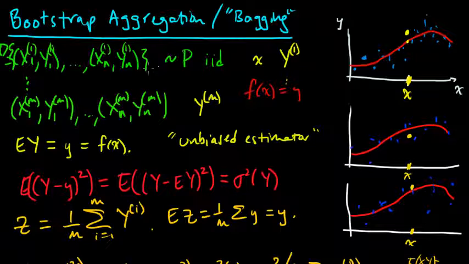And for each of those bootstrap samples, we were looking at a single point x, but we could have considered the whole range of x's and constructed a function to approximate this red function that we were trying to estimate. Instead, in classification, the y's will be in some finite set, and for each data set, we will construct a classifier.